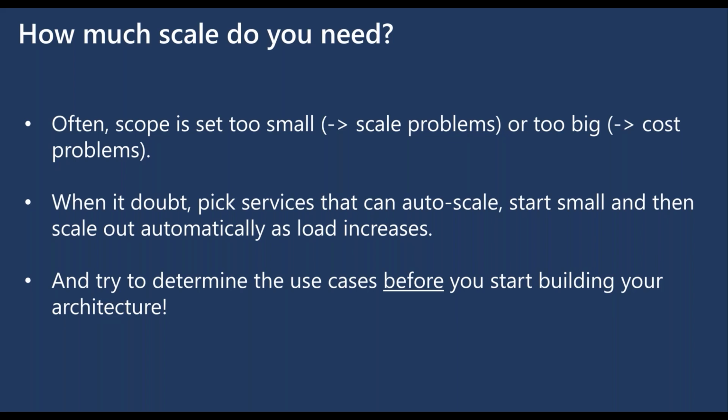Really what you want to do is use services that auto scale, where you don't need to worry about wasting resources right now because you've made the compute too big, or is it actually bursting at the seams, and you're dropping data because you can't process it fast enough. So these auto scale services are really handy.